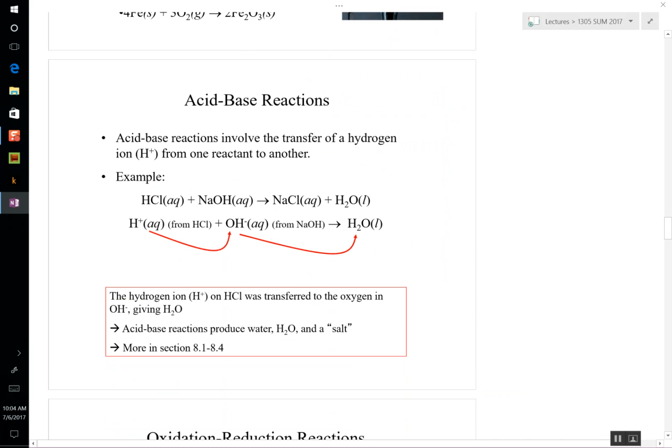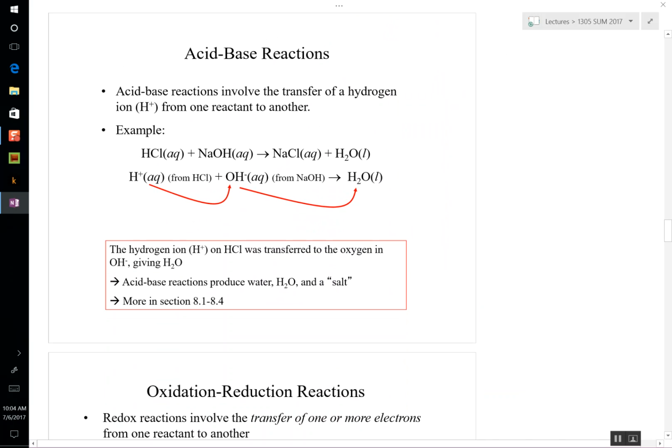Okay, let's look at acid-base reactions before I look at oxidation reduction. On acid-base reactions, what you need to look for is an acid and a base. What are acids? Acids generally have an H in them. That's hydrochloric acid, nitric acid, sulfuric acid.